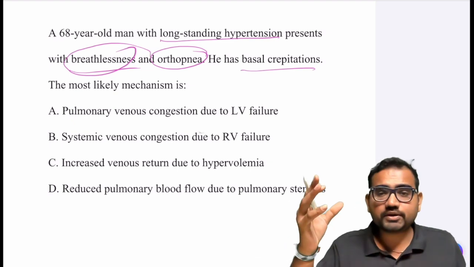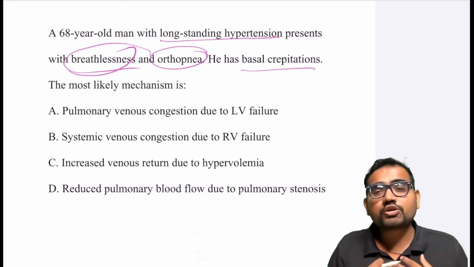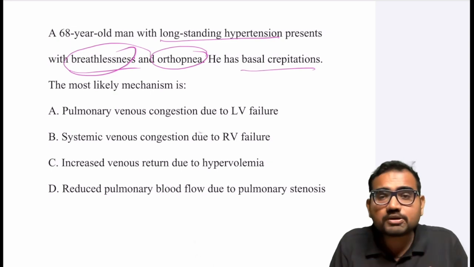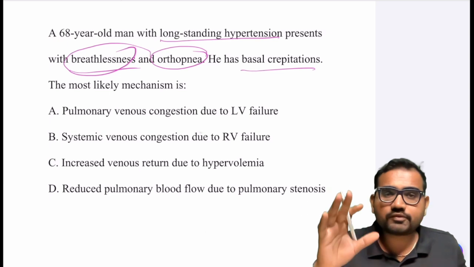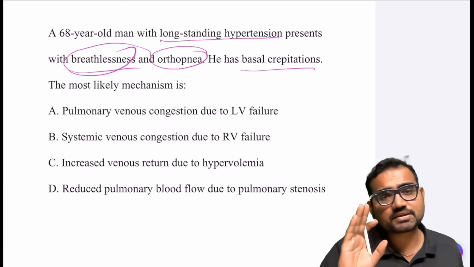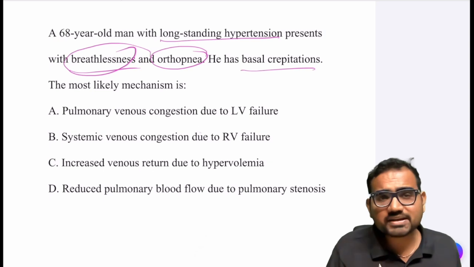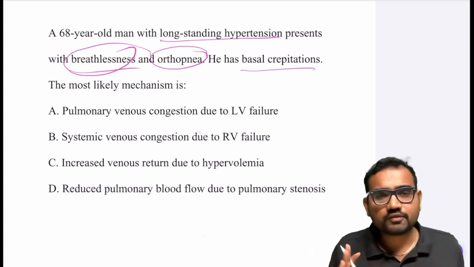Again, it backflows into the pulmonary veins to the lungs. So there's going to be orthopnea, dyspnea, paroxysmal nocturnal dyspnea, cardiac asthma, all these kinds of problems in case of left ventricular failure. So based on this, I'll go for pulmonary venous congestion because of the left ventricular failure.